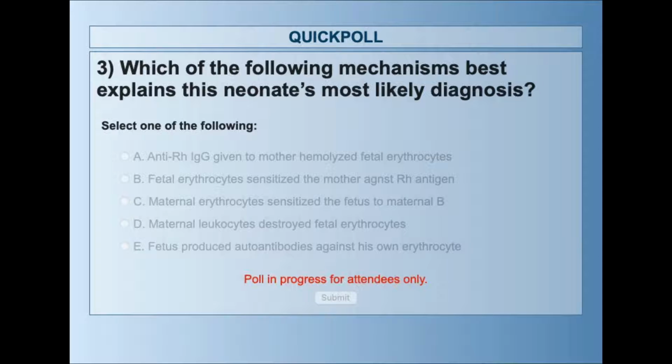You've got well over 100 other comrades working to prepare for Step 1. So go ahead and take your best shot. Okay, looks like over 70% of you have cast your vote, so I'm going to close this poll.